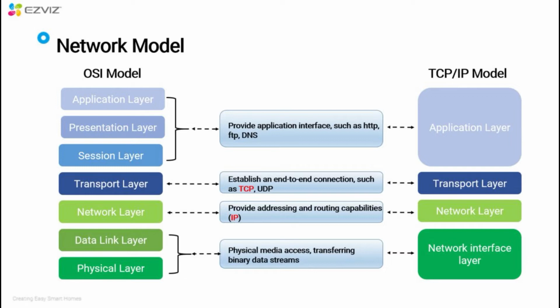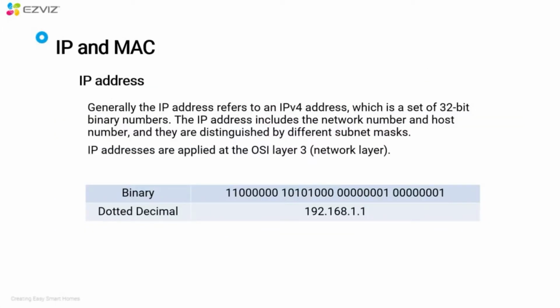The 2-layer devices and 3-layer devices we often mention refer to the hierarchical devices divided according to the OSI model. Here we mainly need to remember which layer the IP and TCP protocols are transmitted in, which will be helpful for later lessons. First, let's have a look at the concept of IP and MAC.